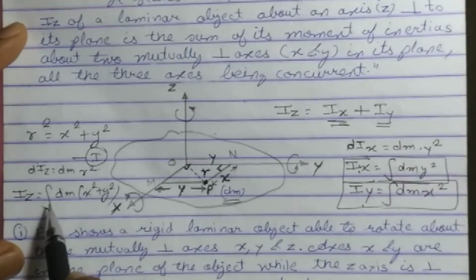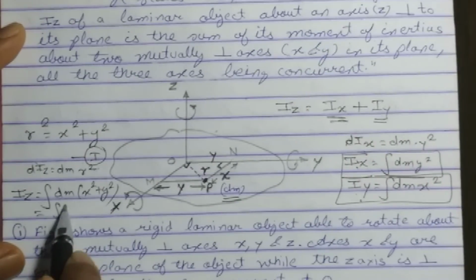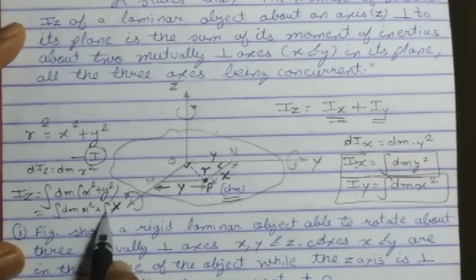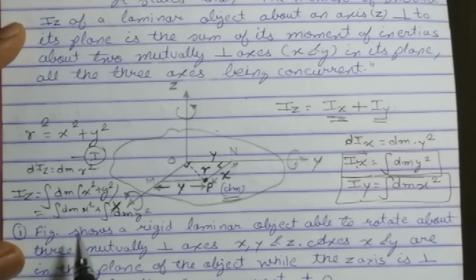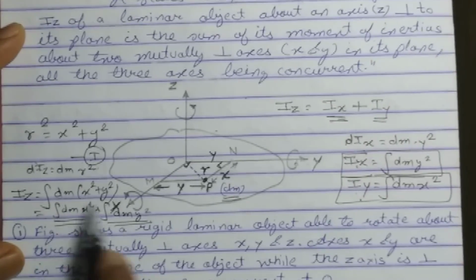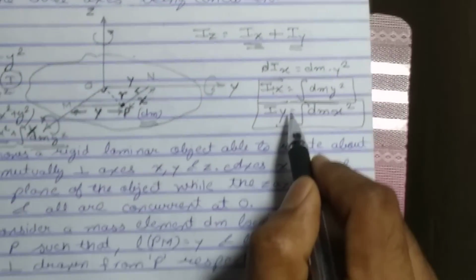Now you observe that I will shift the integration inside. If I shift the integration sign inside, we get the integration of dm x square plus the integration of dm y square. Students, in place of these particular parts, I am going to substitute Ix and Iy.